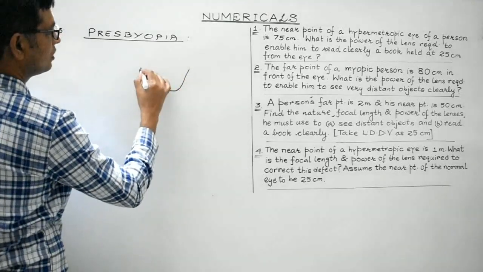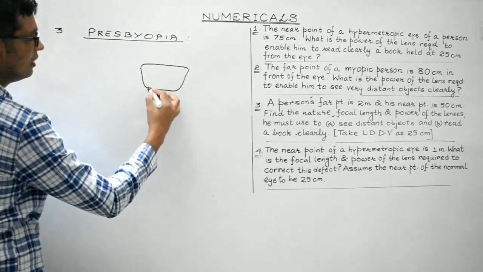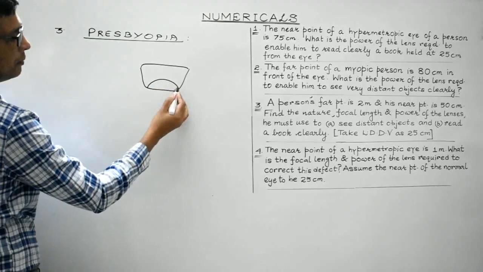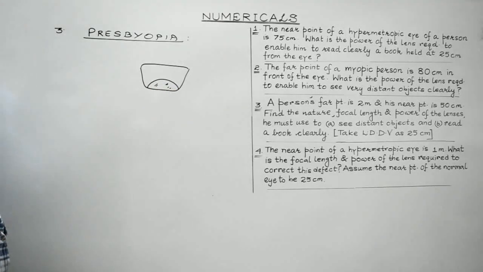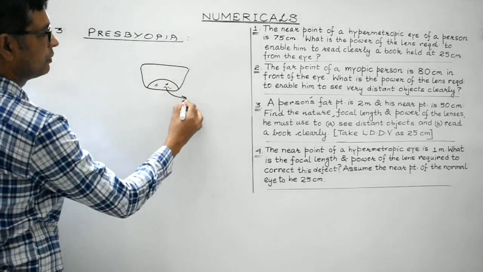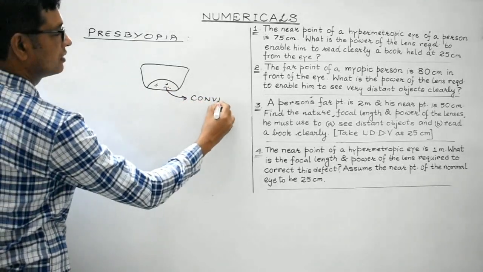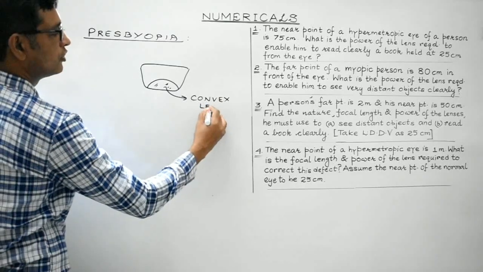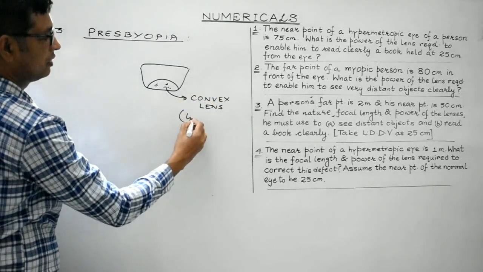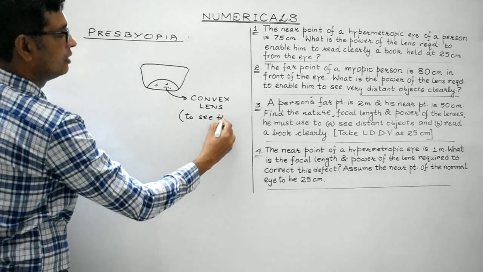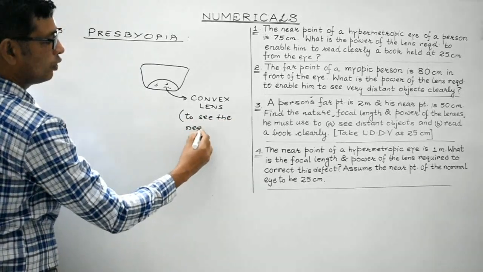This is, suppose, a spectacle, and this is the part of the lens which is used to view the nearby objects. Obviously, this must be of convex lens. It must be of converging nature. It is used to see the nearby objects.